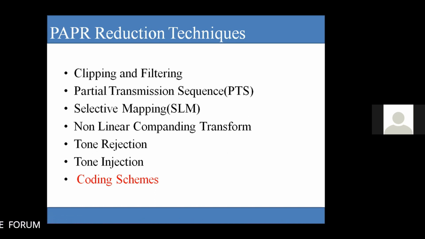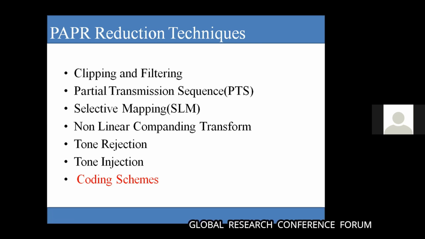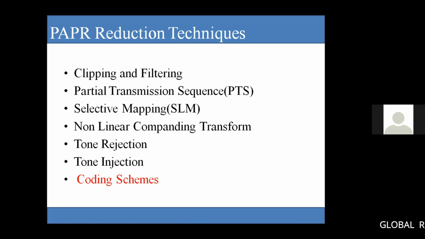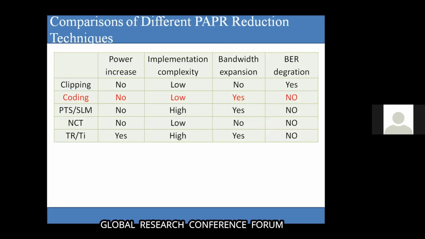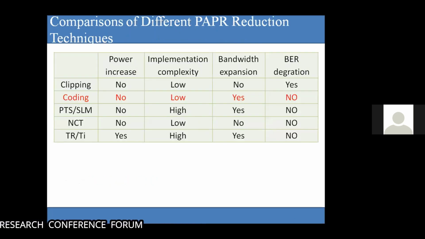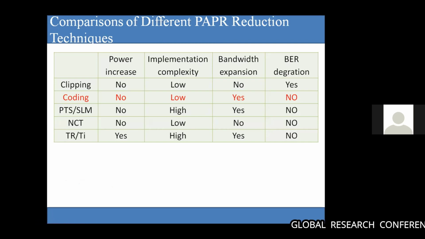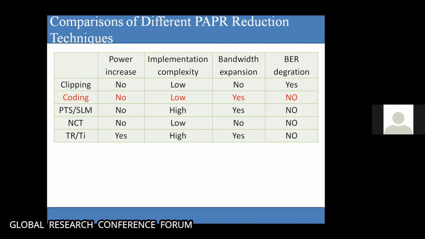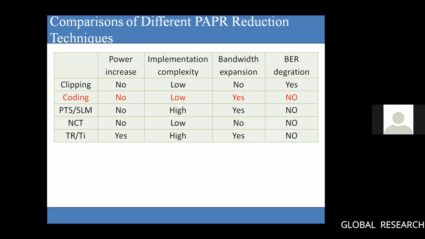In our research work, we use the coding scheme to reduce the PAPR and find the optimal performance of the OFDM channel. So why am I selecting the coding scheme? Because the coding scheme requires very little power, and the implementation complexity is also low.